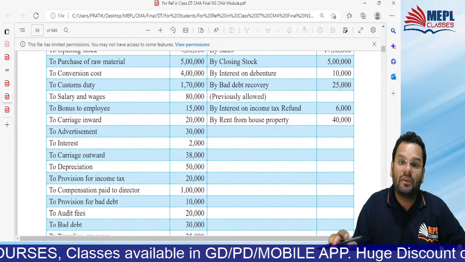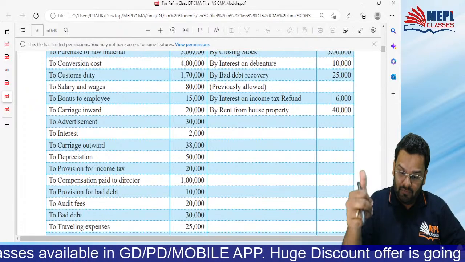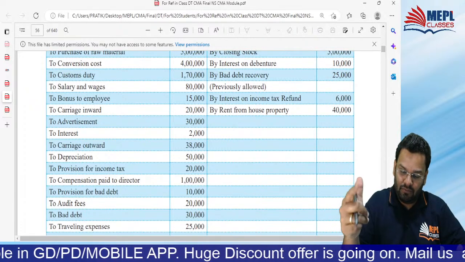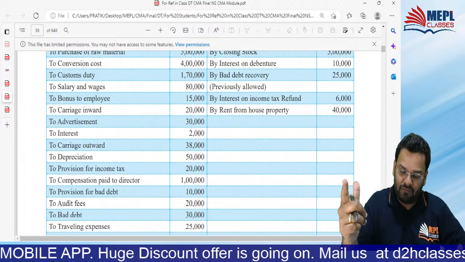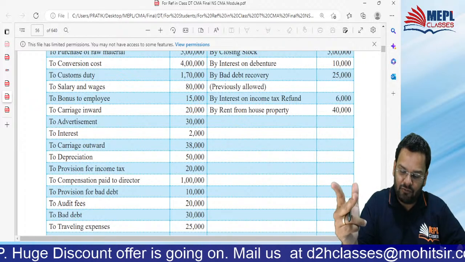Sales is okay. Closing stock is okay. Interest on debentures. Interest on income tax refund. And rent from house property.